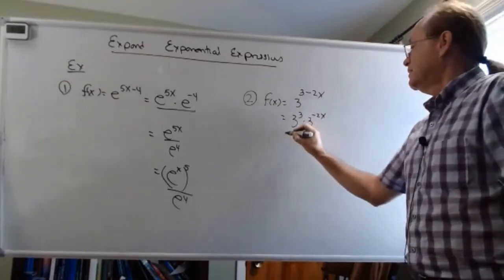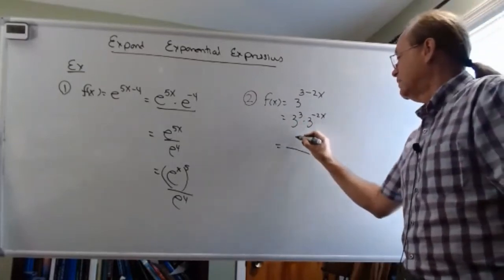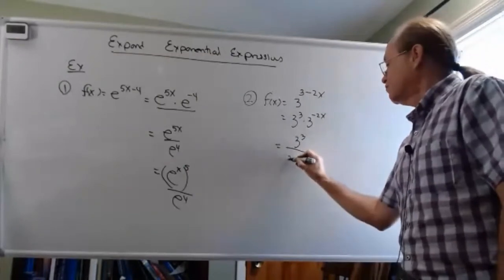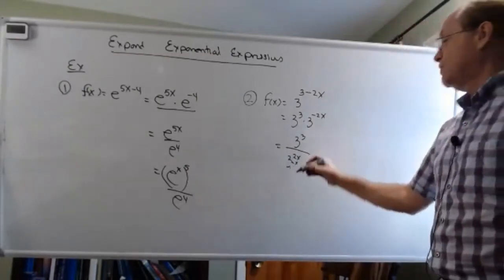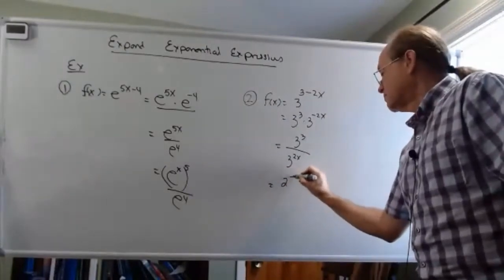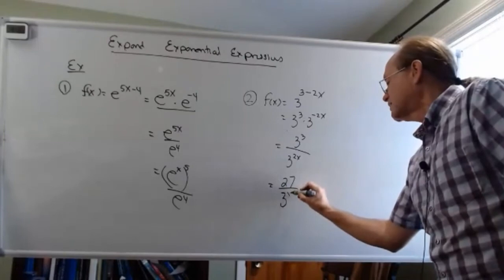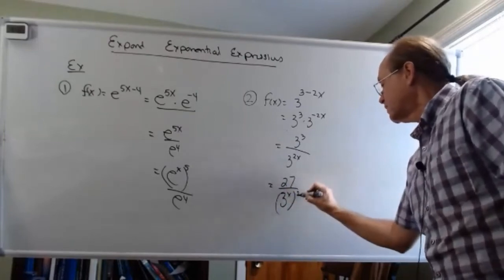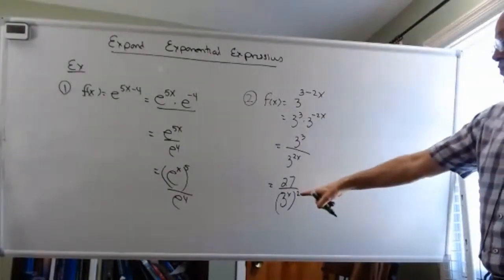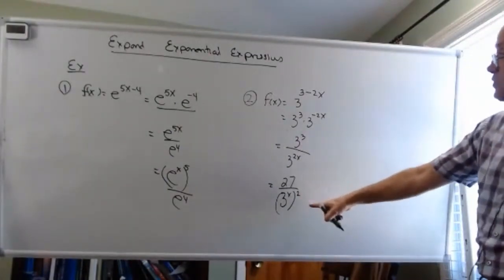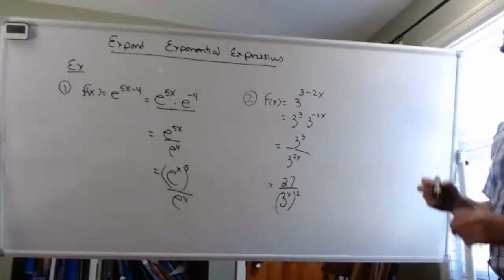Then, negative exponent, I can move that down. So I get 3 cubed, 3 to the plus 2x. I can do 3 cubed, I might as well. That's 27. And I can write this as 3 to the x squared. So these two are equivalent, meaning you may be given this initially, can you undo it and get back to that? So we go both directions over here.